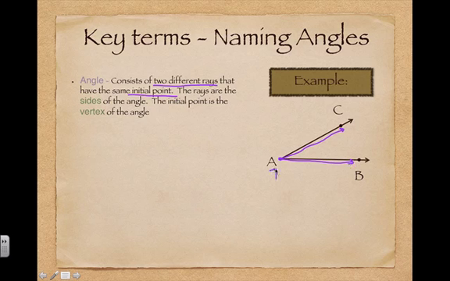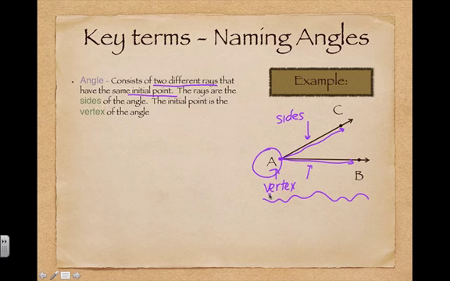They both have the initial point of A. So we can see that this, by definition, shows the mathematical representation of an angle. And furthermore, we know that these rays right here are the sides, and point A, which is our initial point, is the vertex. So here is our mathematical definition or representation of an angle.